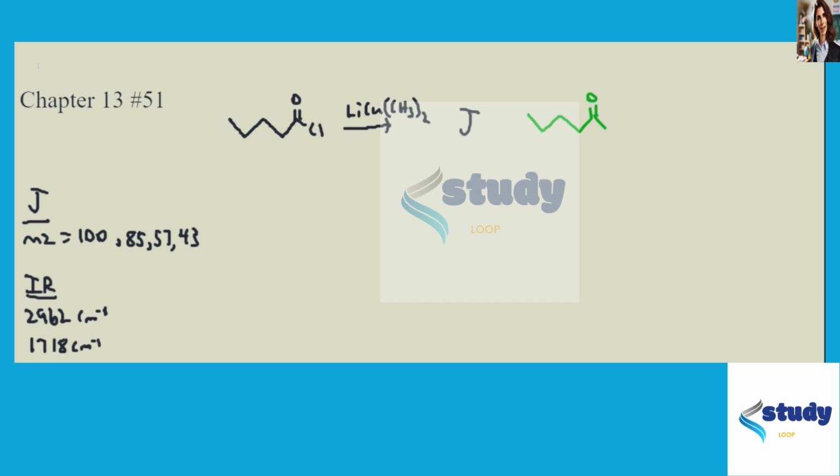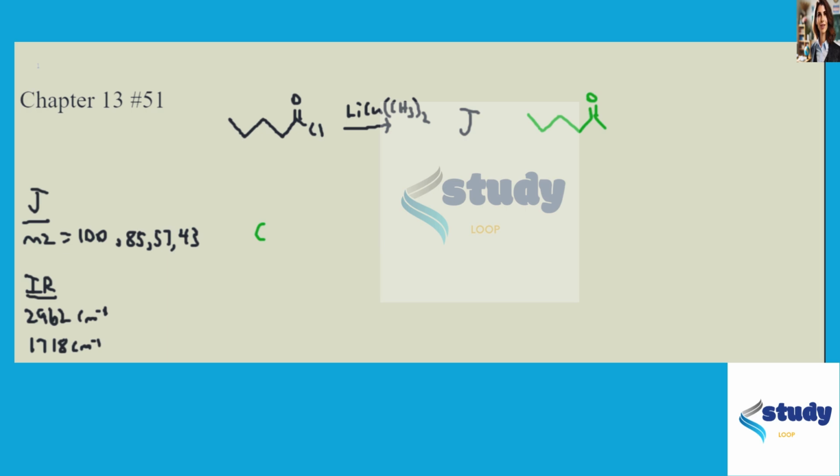But we need to look at the spectral data to confirm that. And also, we should try to get there using only the spectral data, since that is the focus of this chapter.